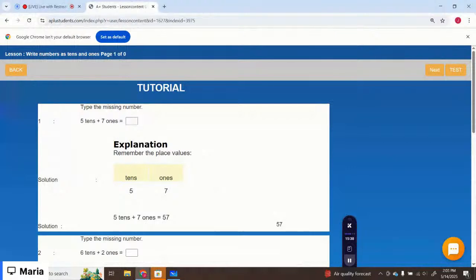Let's take the number 5 tens and 7 ones. Basically that is a two-digit number.